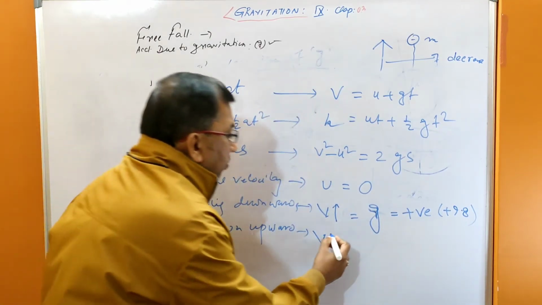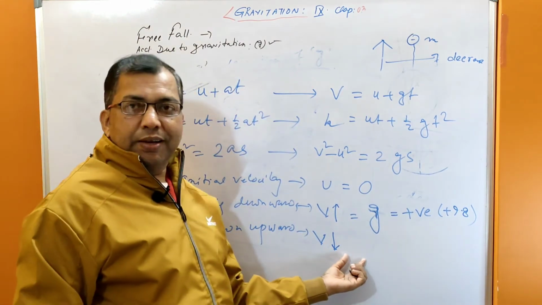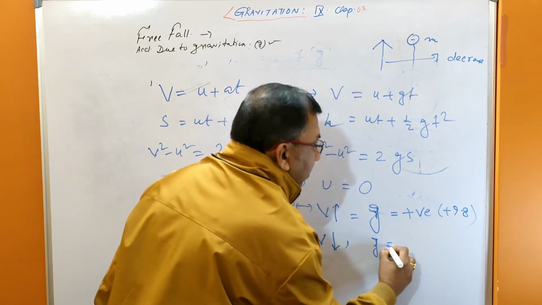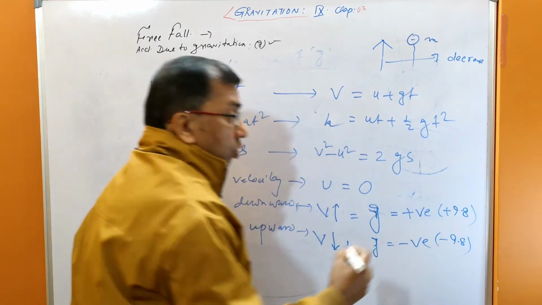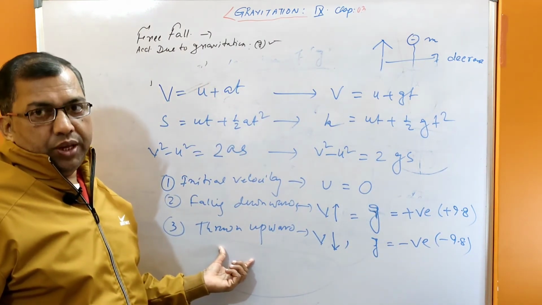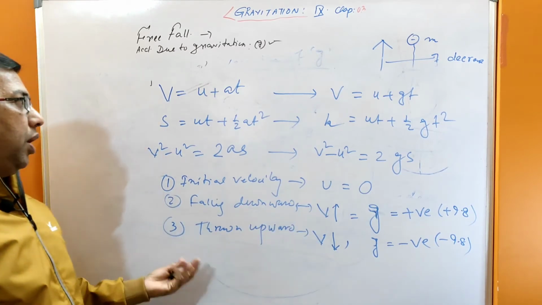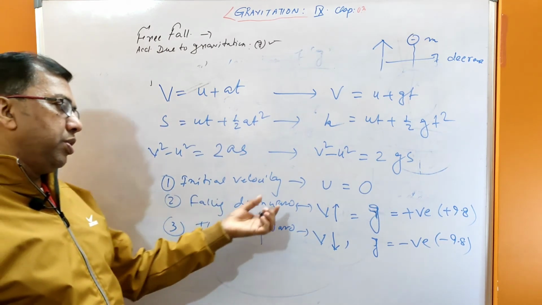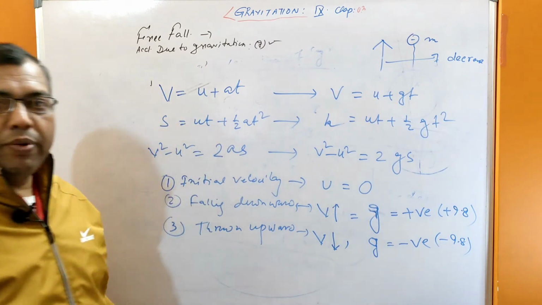So velocity will decrease here, and in that case G will be negative, that is minus 9.8. It will be helpful during the calculation of numericals, very important. A body thrown upwards with certain velocity, the velocity will decrease, and the value of G will be minus 9.8.